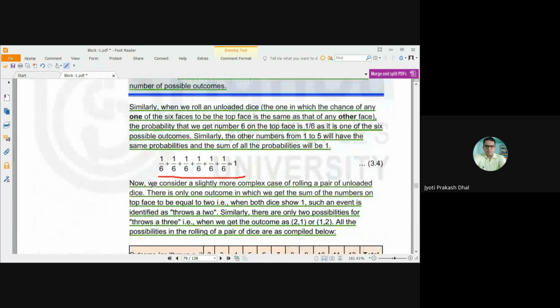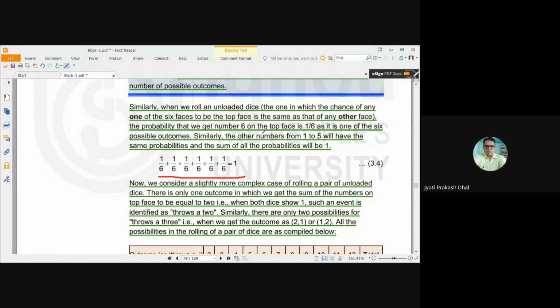And similarly, when we roll one dice, it has 6 faces, right? So there is a chance of any one of the 6 faces on the top.